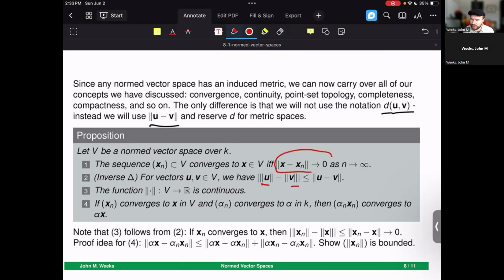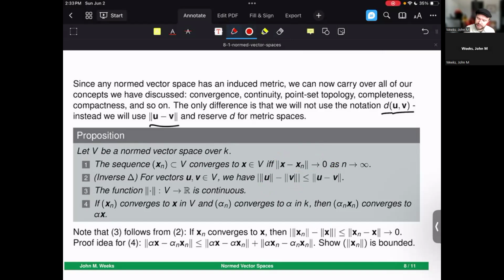So for example, this convergence going on right here is a convergence of real numbers going towards 0. It's not convergence, say, of metric space values. It's actual real numbers. So you get to use that sort of structure that you expect from the real numbers in working with those things.